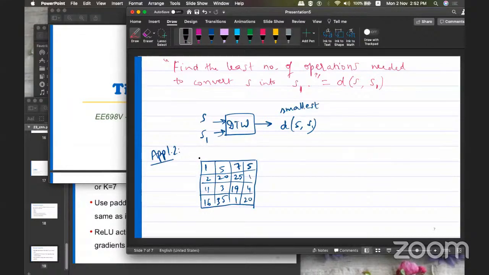I am standing here. This is my current position. And I have to reach here. Or let us say I have to just cross this field. I have to reach this wall. And I'm only allowed to take steps diagonally down, right, or diagonally upwards.